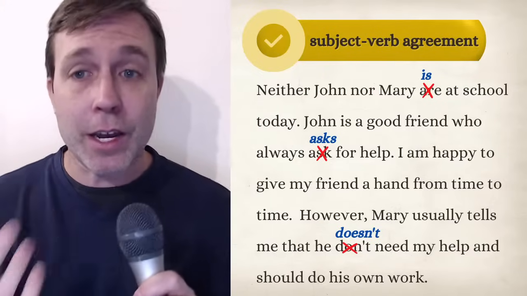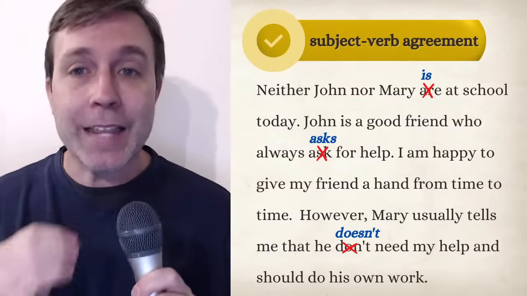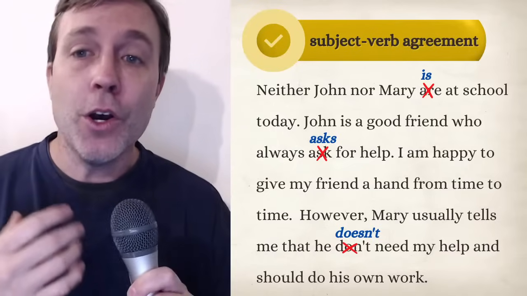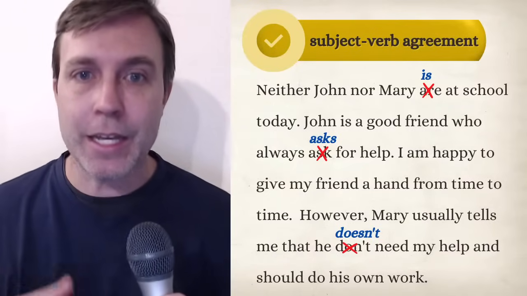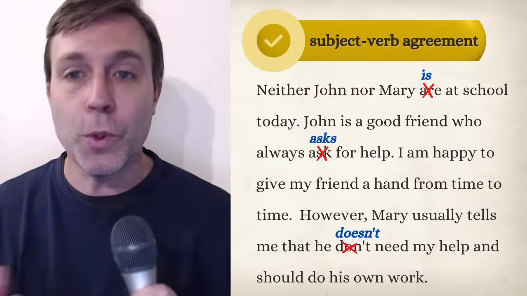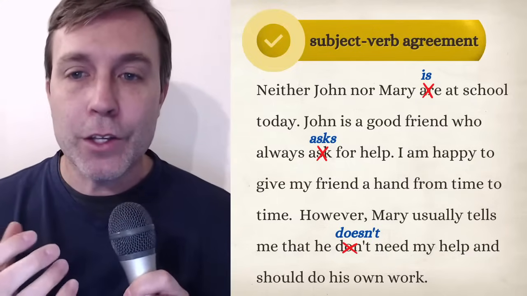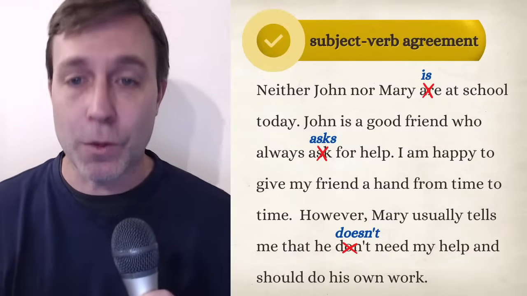The next sentence: John is a good friend of mine who always asks for help. We need that S at the end. Who is referring to John? In this case, again, it's singular. John asks, who asks. And then down there at the bottom, however, Mary usually tells me that he don't.